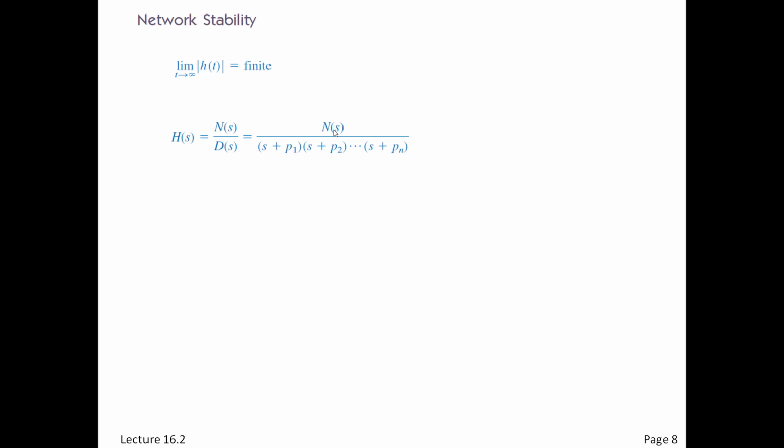That being the case, we can simply express the transfer function as a numerator, which could be factored into a bunch of s plus terms, but there will be less of them than in the denominator. There will be less than n in the numerator. Okay? And so the zeros are in the numerator, the poles are in the denominator.